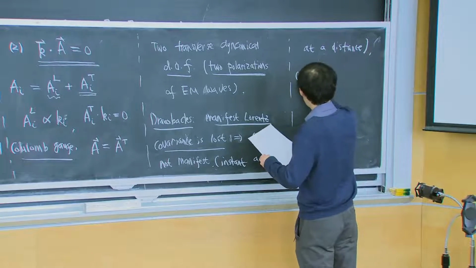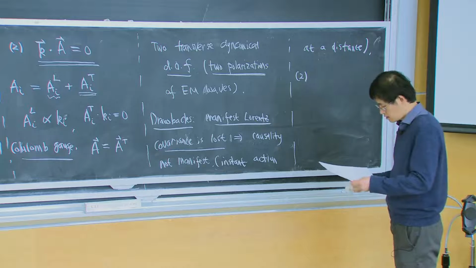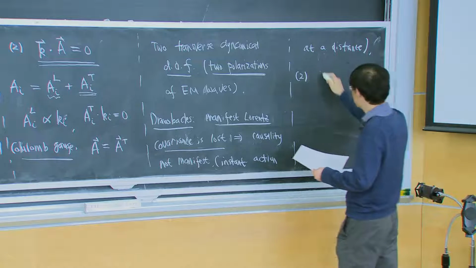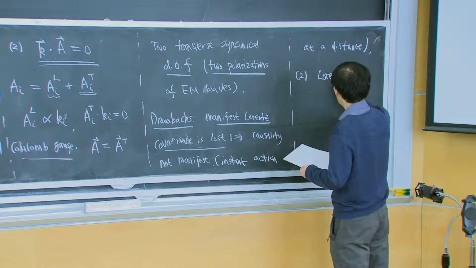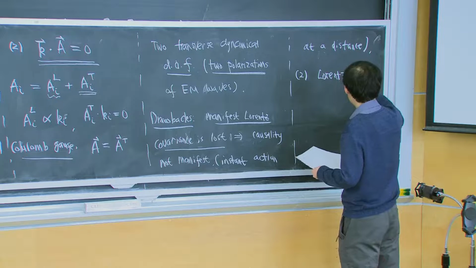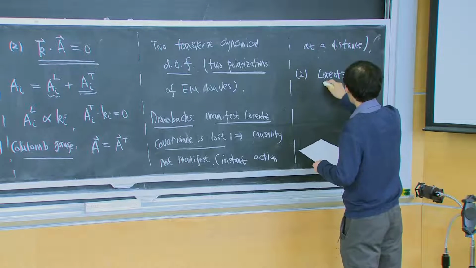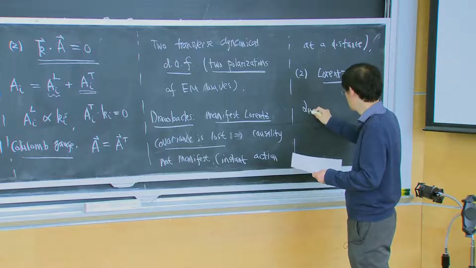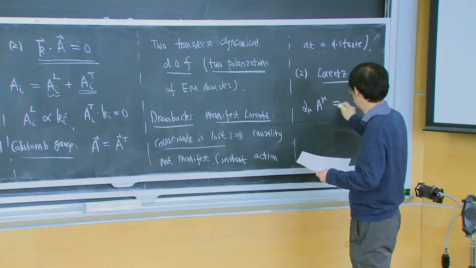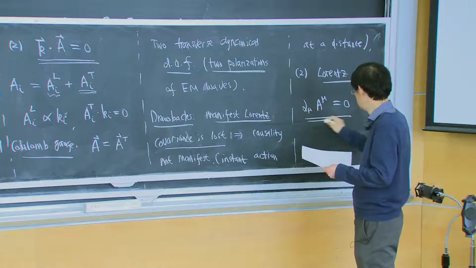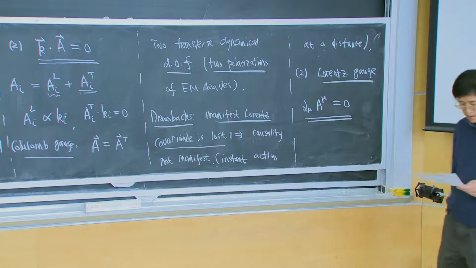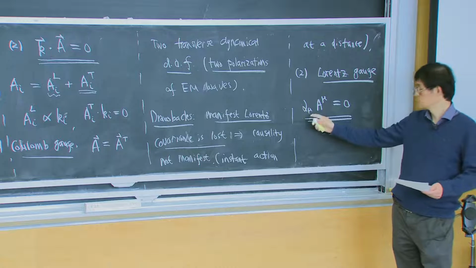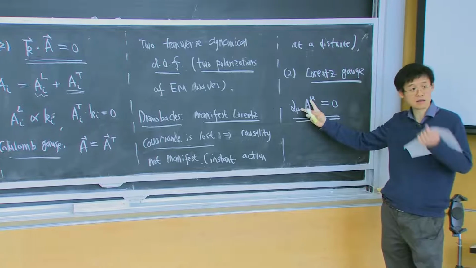The second one: in more relativistic situations, people often consider the so-called Lorentz gauge. The Lorentz gauge is defined to be partial mu A mu equal to 0. Now this equation is covariant, because the indices are contracted.